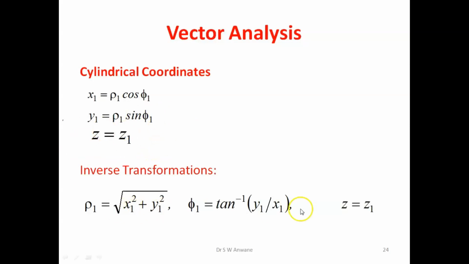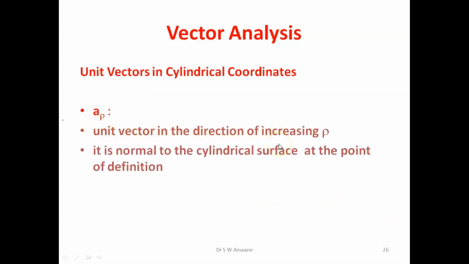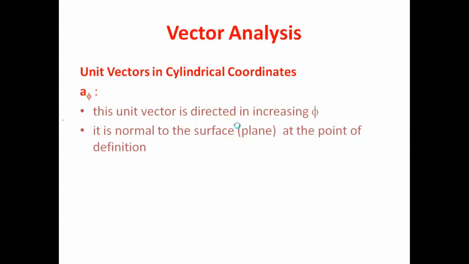In the inverse transformation equations, the first two are identical, and the third one is also similar to that. The unit vector along rho will always be directed towards increasing rho. It is normal to the cylindrical surface at the point of definition. That cylindrical surface at point P1 we define as rho equal to rho 1. A phi cap is a unit vector which is directed in the increasing phi direction.